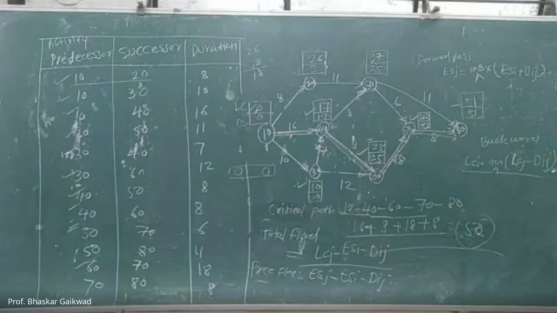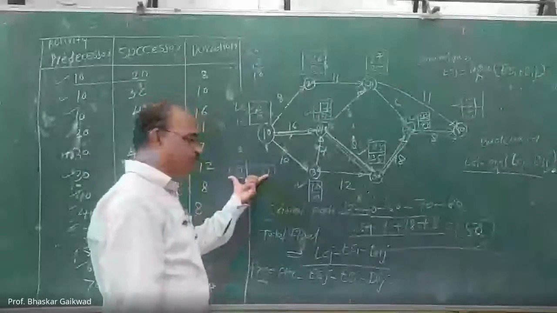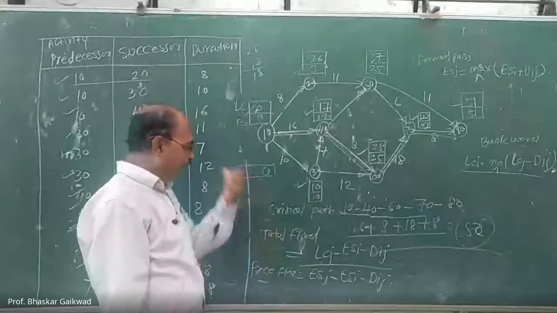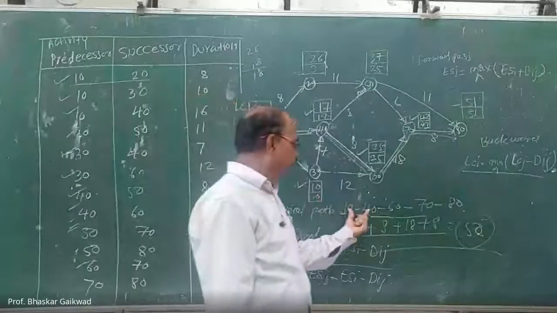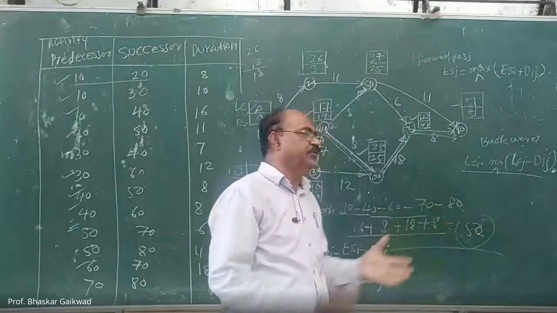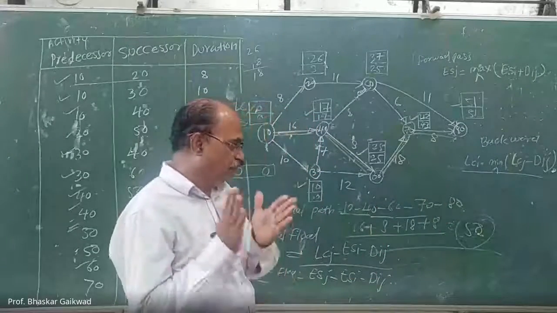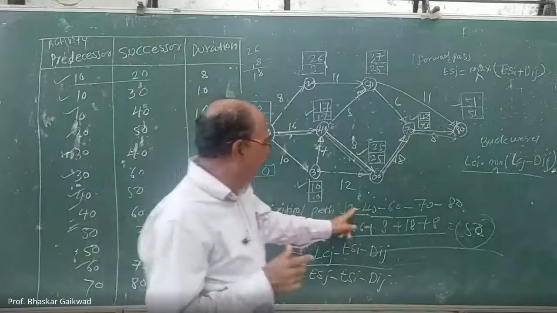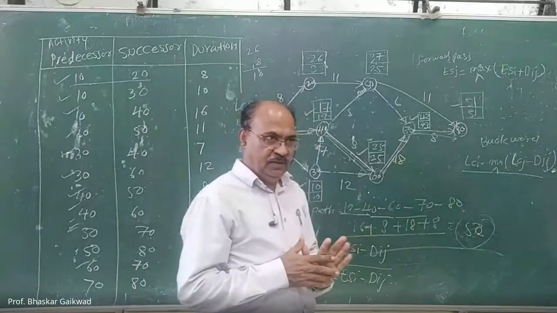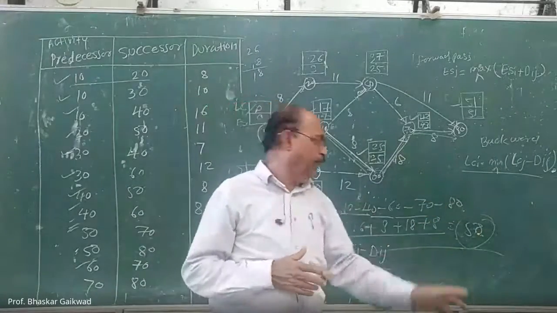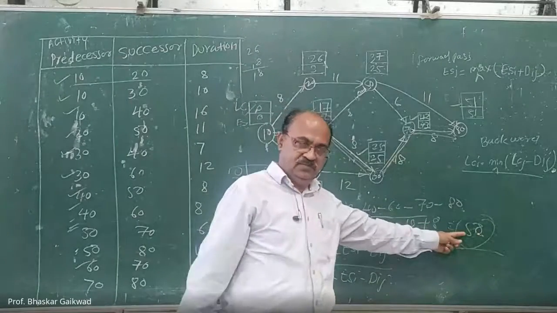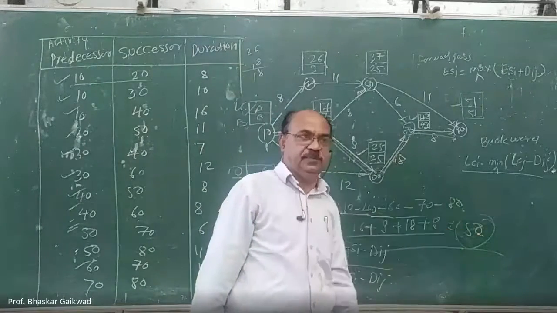And whenever total float and free float are zero, then activities are critical. Same answer will be there. So these activities are critical. So you have to concentrate on these activities so that there should not be delay in total project time. Total time is 50.